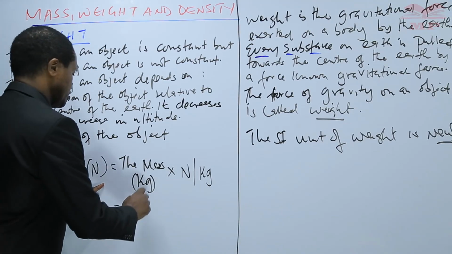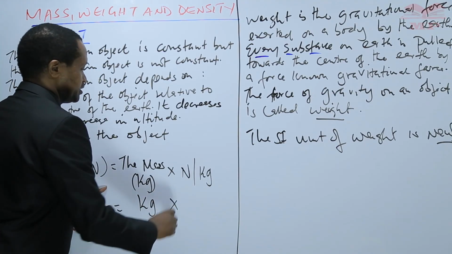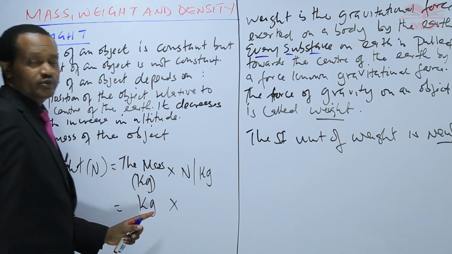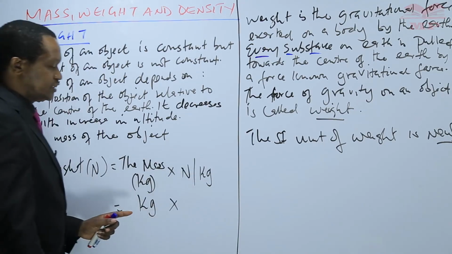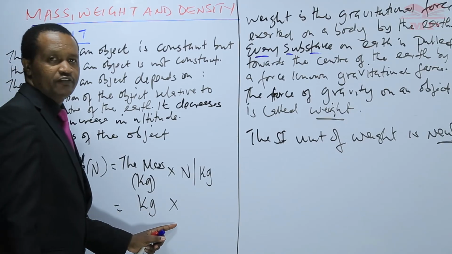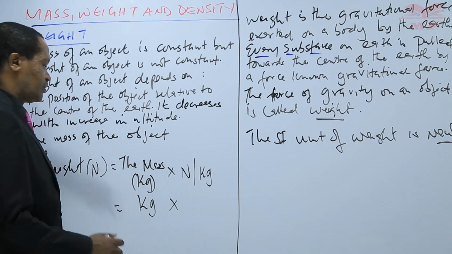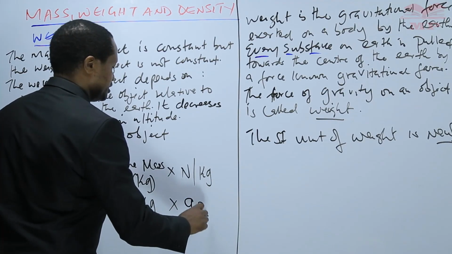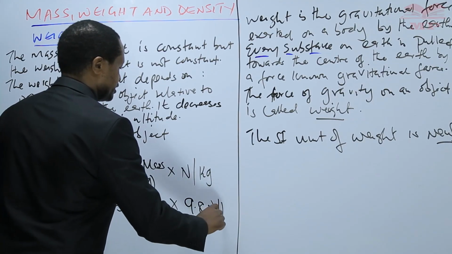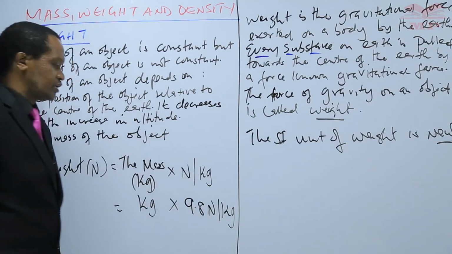The force of gravity on the Earth is approximately 9.8 newtons per kilogram.